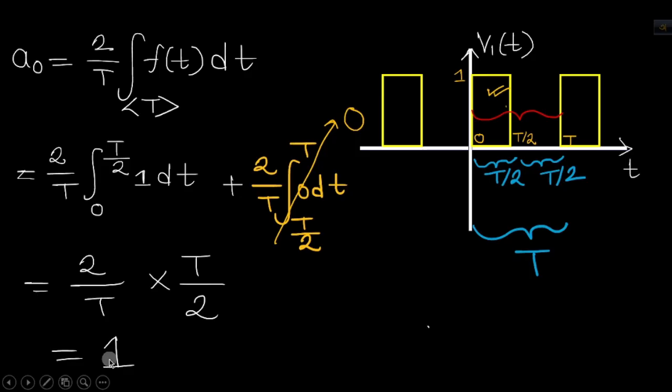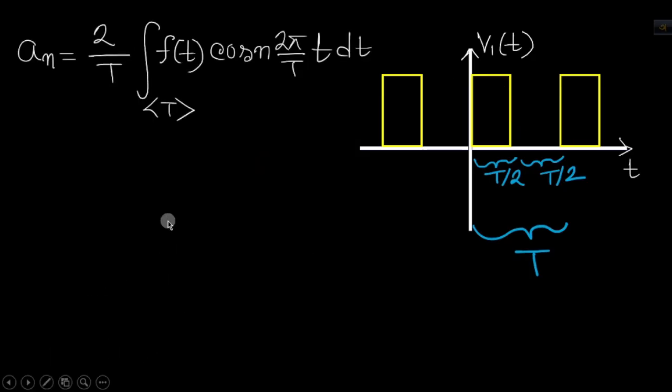Now we have to find the value of the second coefficient, which is an. Again this symbol means we have to do an integration in this region, and this region is divided into two sub-regions. From 0 to T by 2 the signal's value is 1, and from T by 2 to T the signal's value is 0.